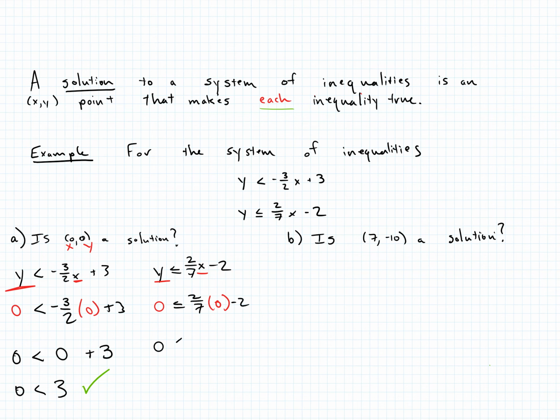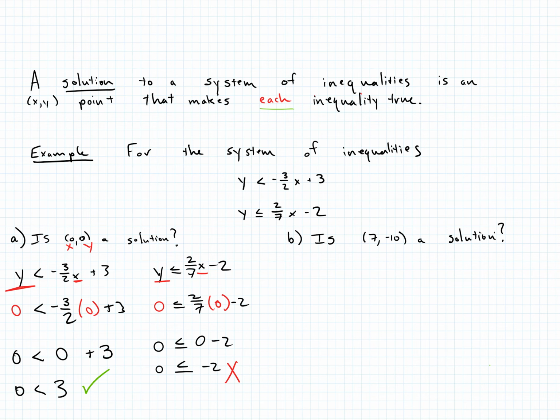So we get 0 less than or equal to, anything times 0 is still 0, but we still need to subtract 2. 0 minus 2 is negative 2, so we get 0 is less than or equal to negative 2. Now think for a second, is that a true statement? Is 0 less than or equal to negative 2? It is not, because 0 cannot be less than a negative number.